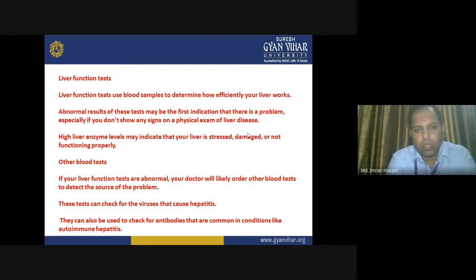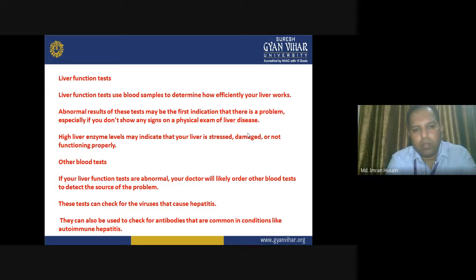So when they run those pathological tests, they get the indication that there is a problem, especially if you don't show any signs of liver disease on physical exam. This is how one can easily identify there is something wrong with your liver.